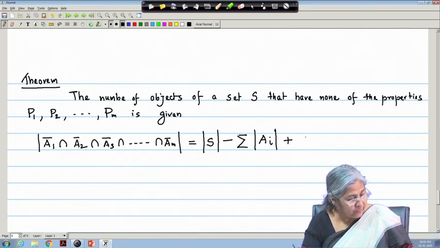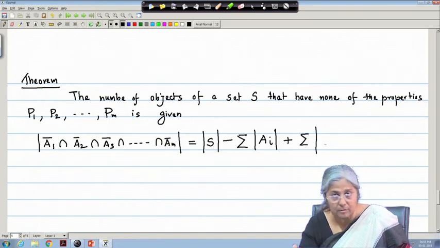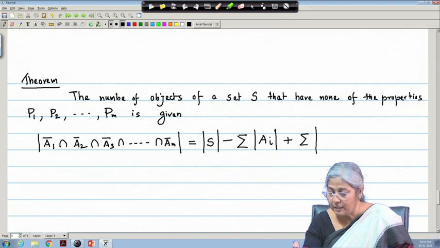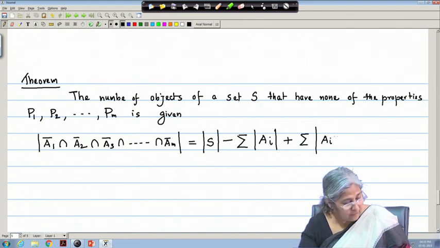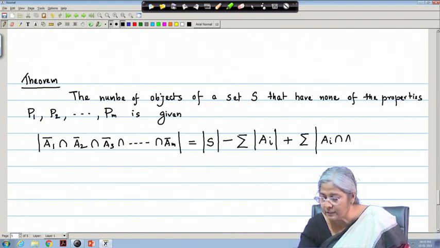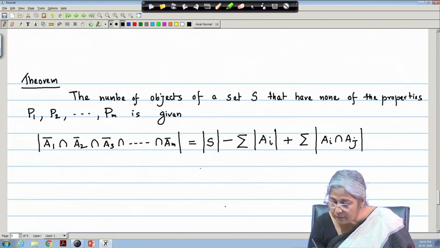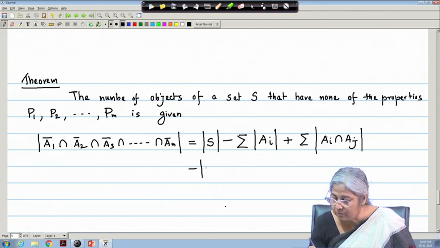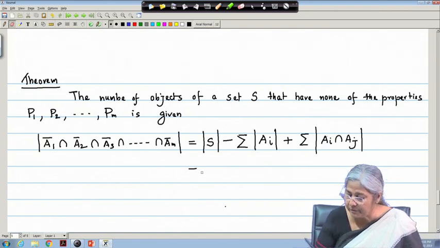I am adding the sum of the number of elements which have at least two properties, that means Ai intersection Aj, and if I extend that the way we have done, then we should consider the summation when I consider three properties.